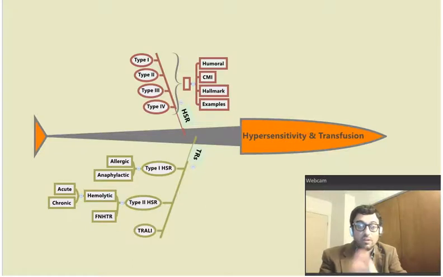Or in pernicious anemia, there are antibodies against intrinsic factor. Do you remember what was the target of autoantibody in ITP? Yes, in idiopathic immune thrombocytopenic purpura, the antibodies are formed against glycoprotein 2b3a.